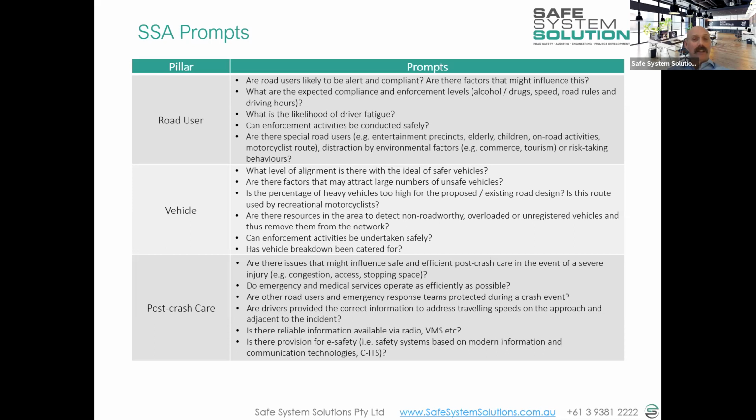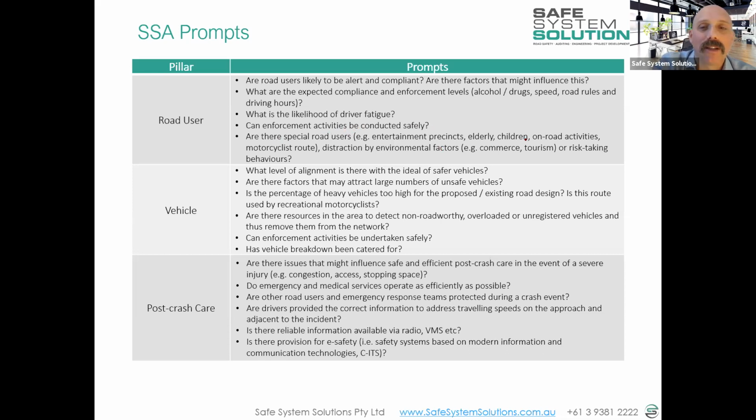These are the questions straight out of the Austroads Safe System Assessment Framework. Are road users likely to be alert and compliant, and are there factors that might influence this? What are the expected compliance and enforcement levels? Alcohol, drugs, speed, road rules, driving hours. What is the likelihood of driver fatigue? Can enforcement activities be conducted safely? Are there special road users?